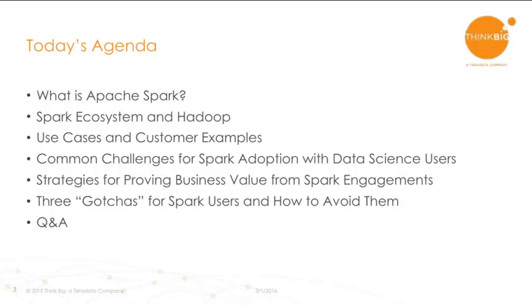Eliano is going to explain some common challenges for Spark adoption with data science users. There's going to be a discussion on 4 strategies for proving business value from Spark engagements. And then I think this is going to be a fun section. We have 3 gotchas for Spark users and how to avoid them. And then we'll go into the open Q&A.